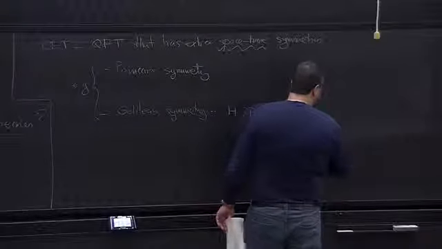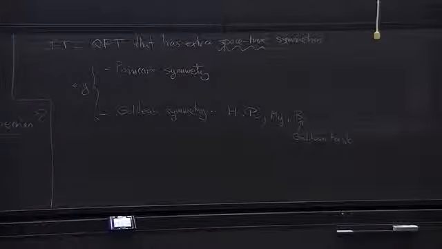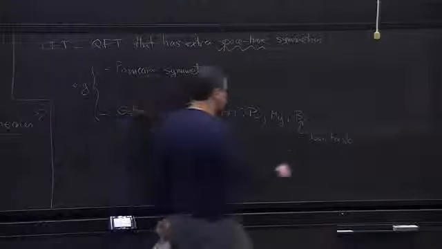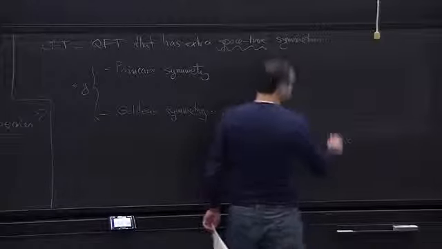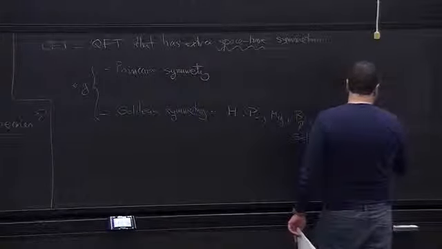And actually, typically, Galilean theories can also have an extra U(1) symmetry. Let's call it Z. That's usually associated to particle number conservation.